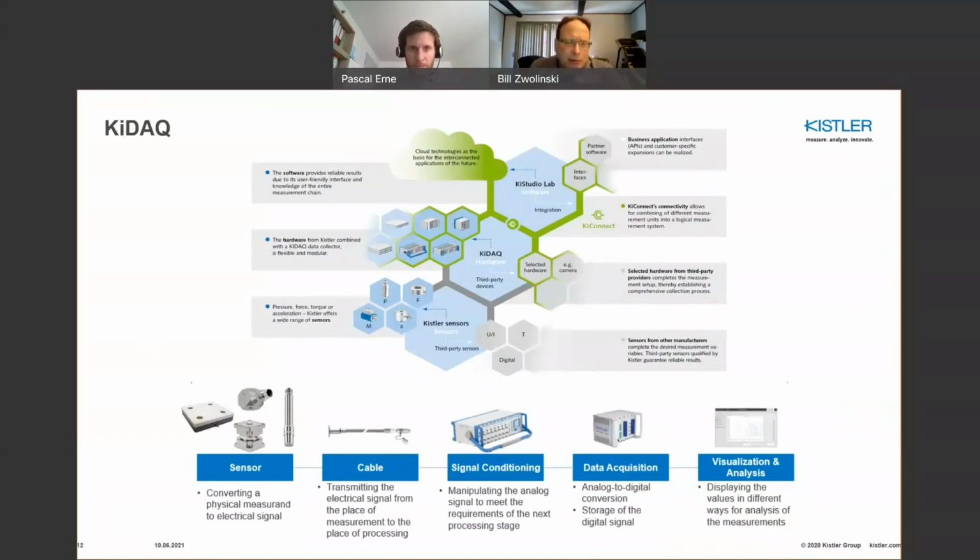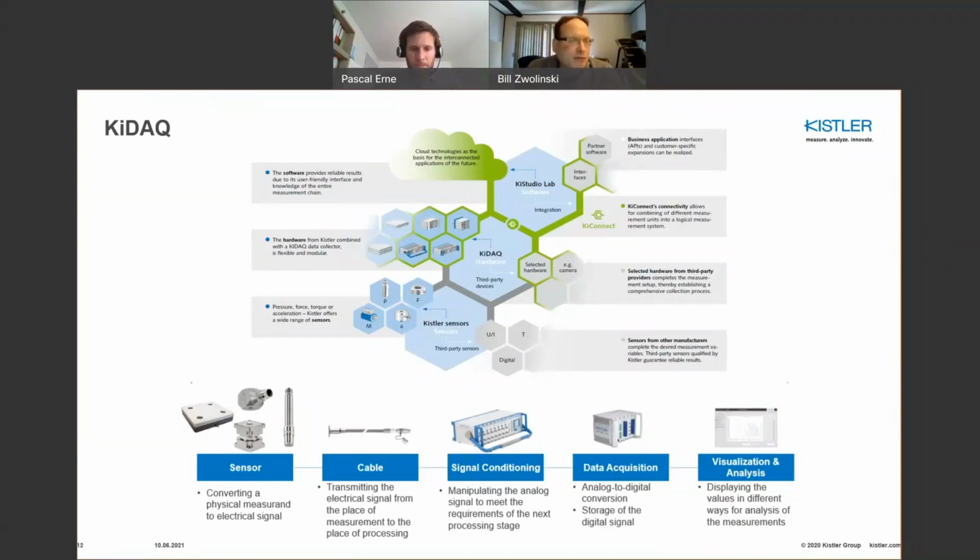The LabAmp is really looking at more piezoelectric solutions. Then you have a platform called KeyDAC, which looks at multiple measurands and multiple signal formats. It is able to interface with existing sensors that might already be on the shelf, as well as new sensors you might purchase.